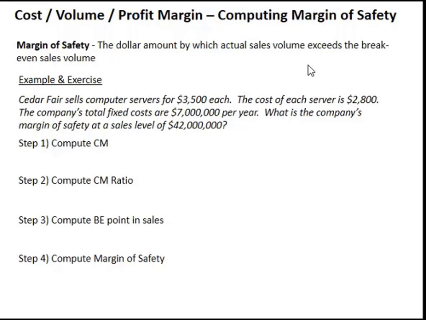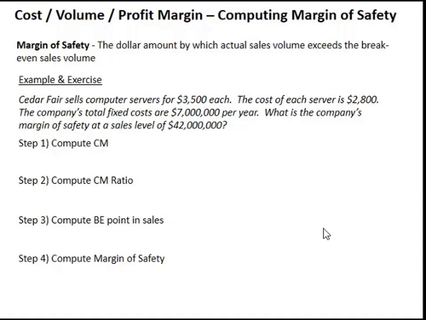Anything above the break-even sales volume can be measured as a margin of safety. In other words, if our break-even sales volume was $50,000 and we were making $75,000, we could say we have a margin of safety of $25,000. In other words, our sales could fall by $25,000 till we get to the point where we'd be simply breaking even. So this is best illustrated using an example.